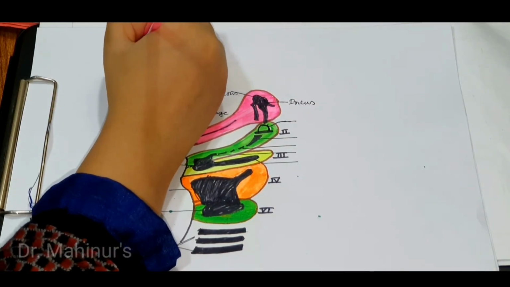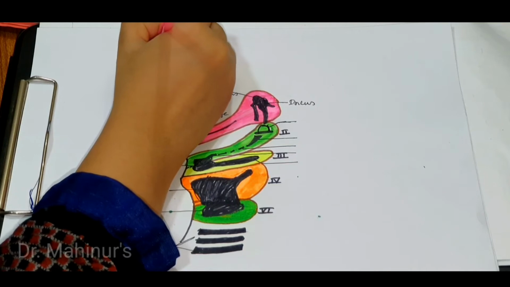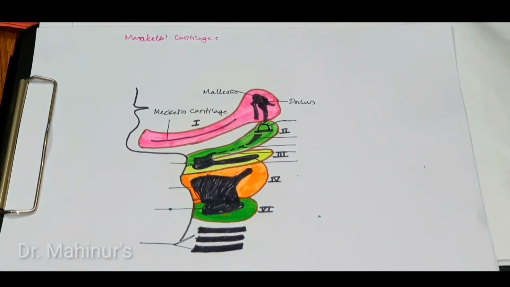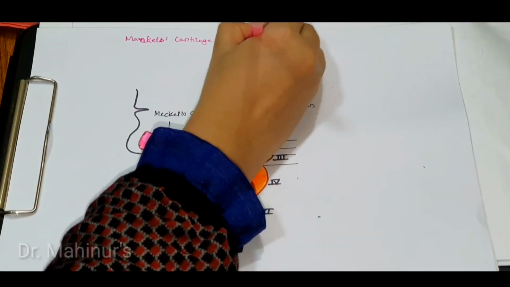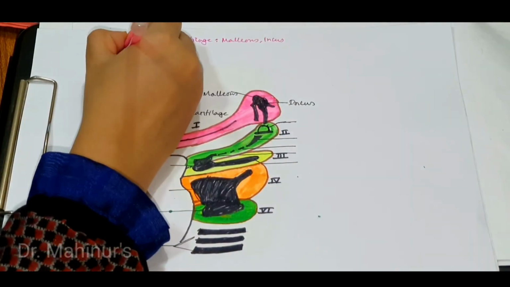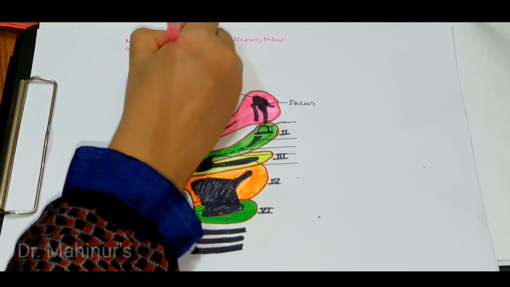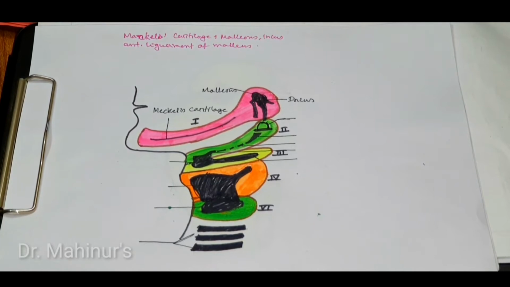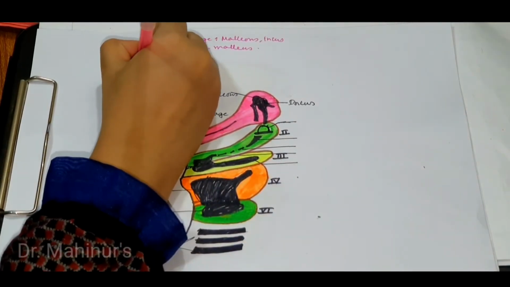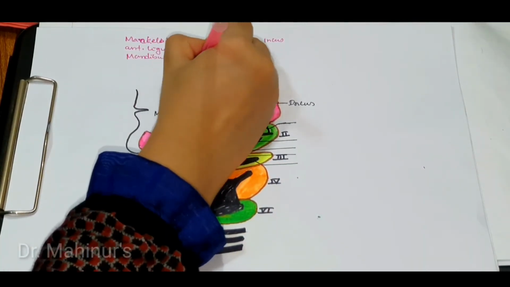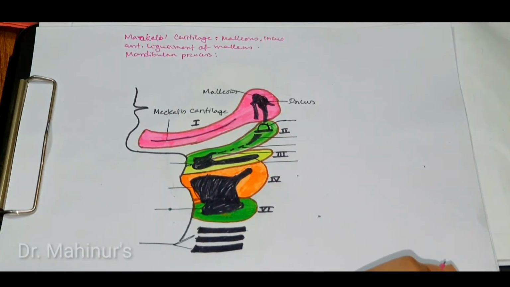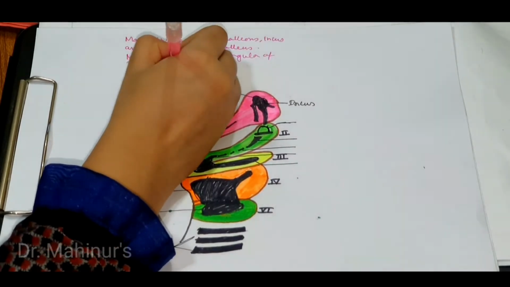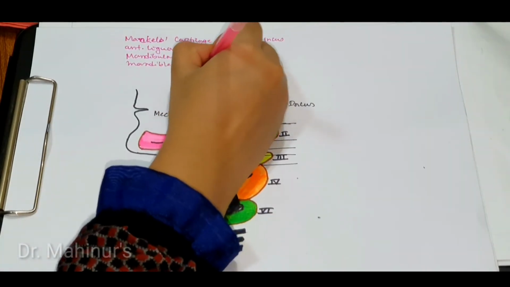So the cartilages that derive from the first pharyngeal arch are from the Meckel cartilage: malleus, incus, anterior ligament of malleus. From the mandibular process: sphenomandibular ligament and lingula of the mandible.